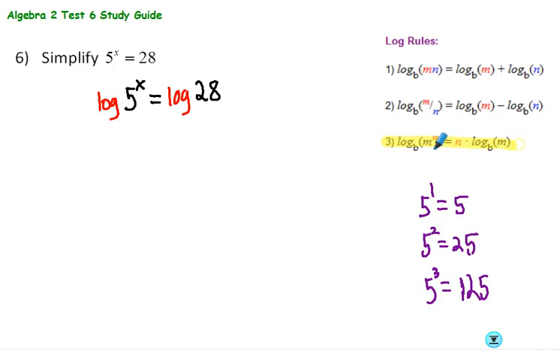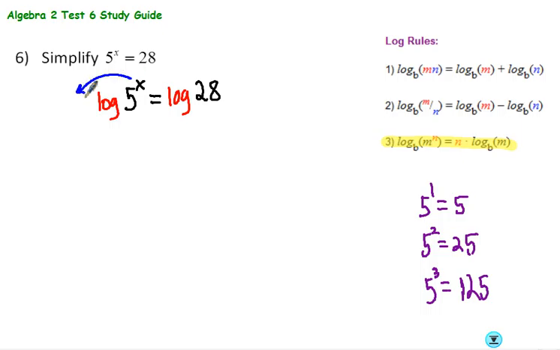And the third log property that I just highlighted says that if you have an exponent, the letter n, it can be rewritten as a term that is no longer an exponent and that's in front of the log. So I'm going to rewrite this.